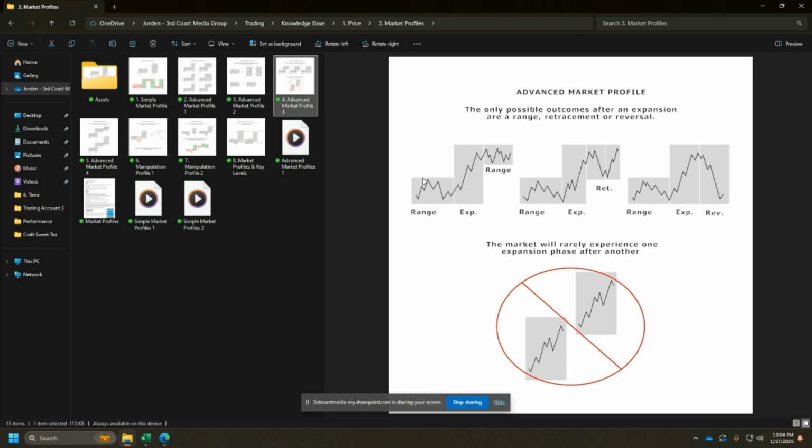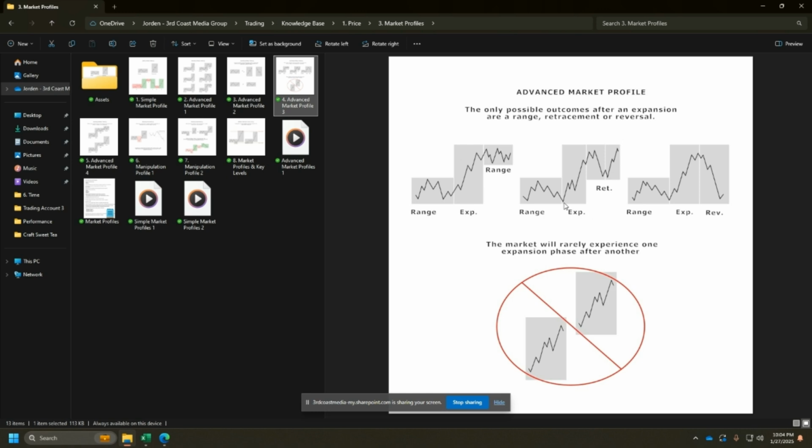So we've defined our simple market profiles as range and expansion. Logically speaking, the price can go sideways or it can expand up or down. And then after that, it can either go sideways again or it could retrace, which means if we had an upward expansion, then we go down before we go up again.